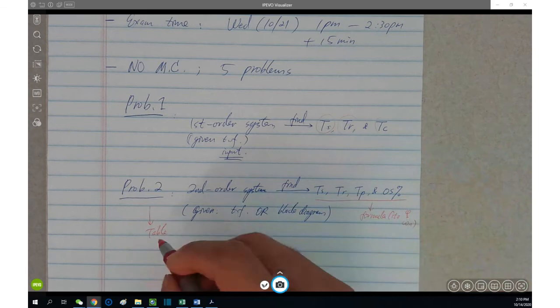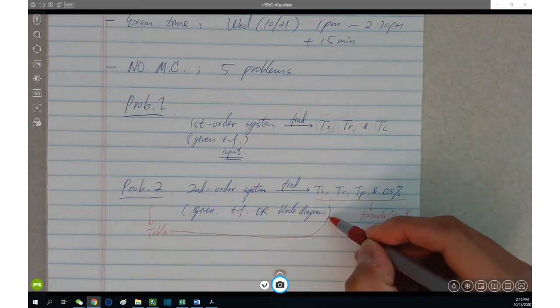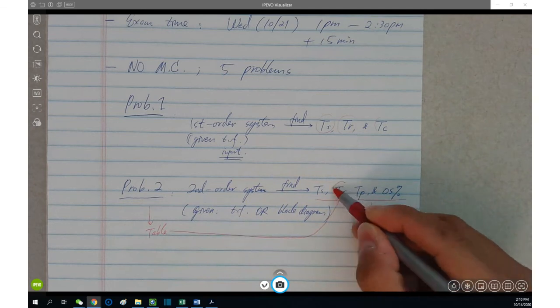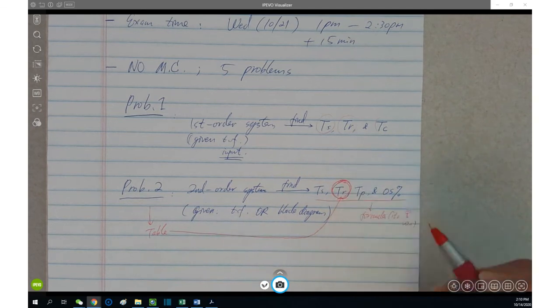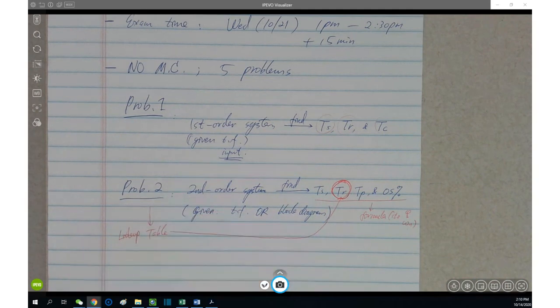Very good. Obviously you're on the right track. He understands what I'm talking about. The table is a lookup table, right? The lookup table and rising time.